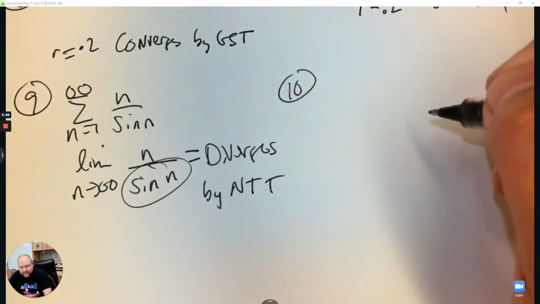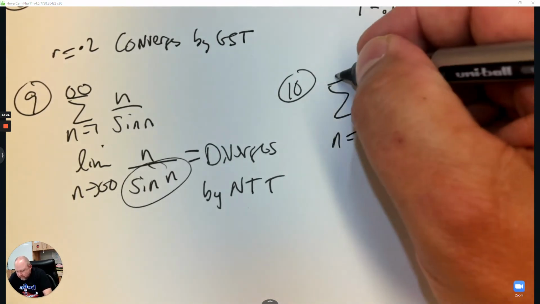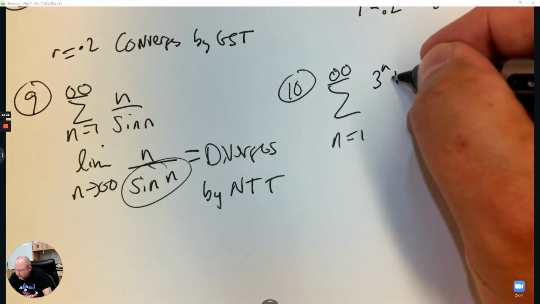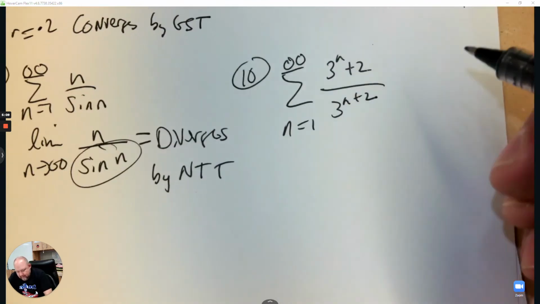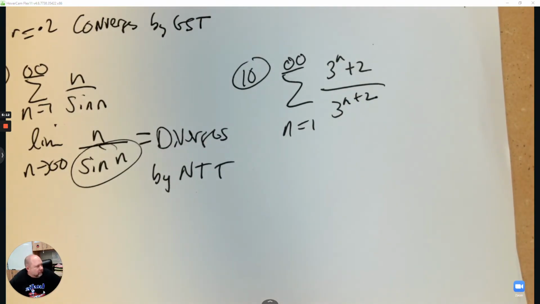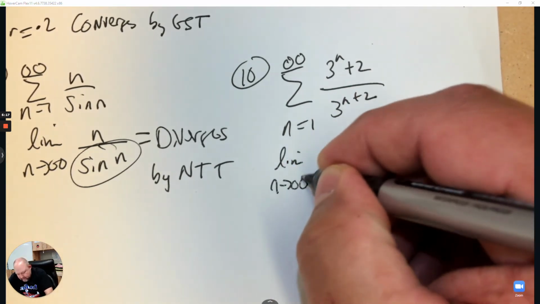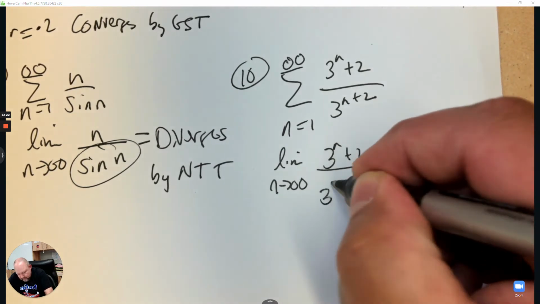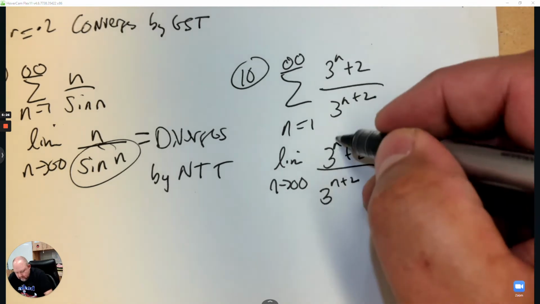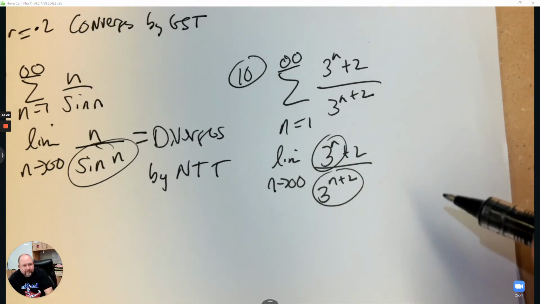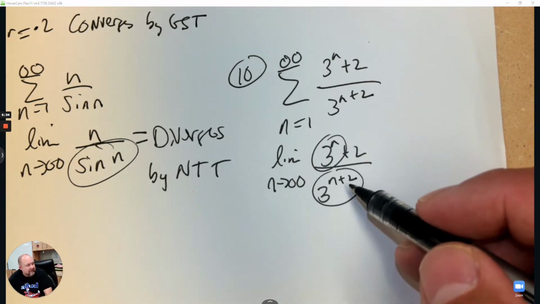All right, number 10. n equals 1 to infinity. So if we write this as a limit approaching infinity, if I divide the power terms, they have the same base, subtract, you're left with 3 to the negative 2.